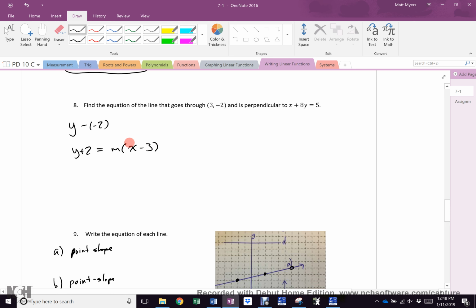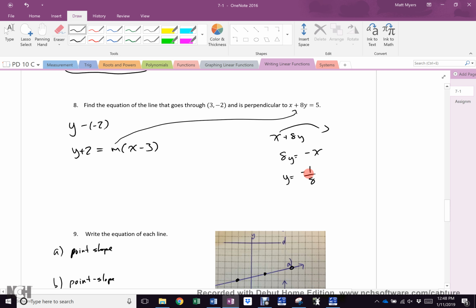But I need the m. I get the m from right there. X plus 8y. I don't care about the 5. Isolate the y. 8y equals negative x, right? Y equals negative 1/8. Yes?